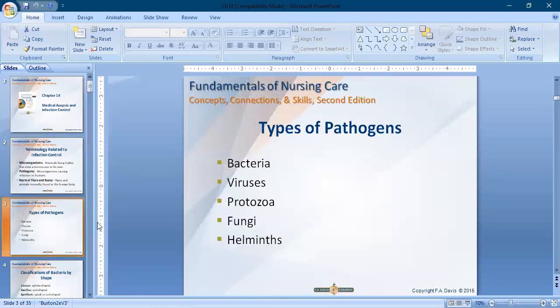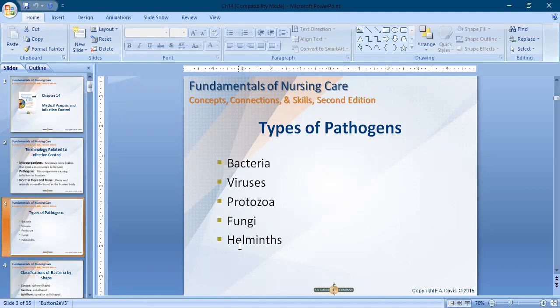So pathogen types here: bacteria, virus, protozoa, fungi, and also helminths. This is the pathogen.